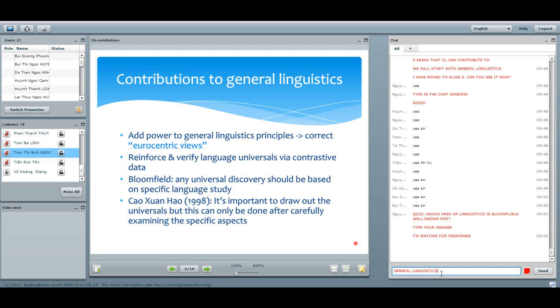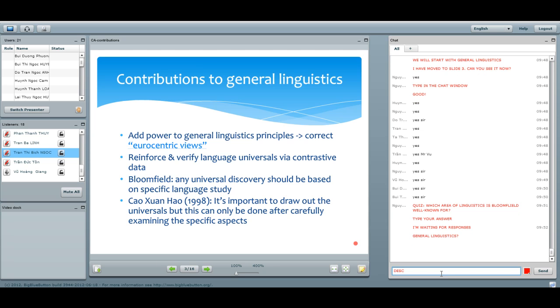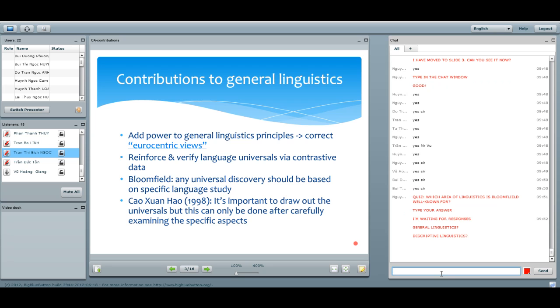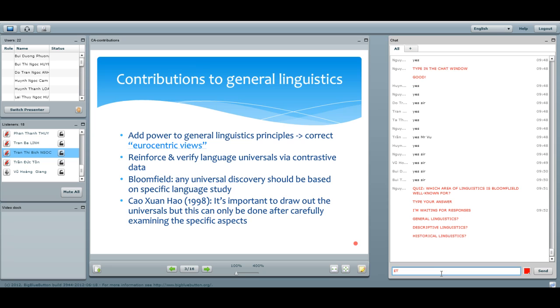Is he famous for general linguistics, descriptive linguistics, or historical linguistics? Now, can somebody give me the answer?